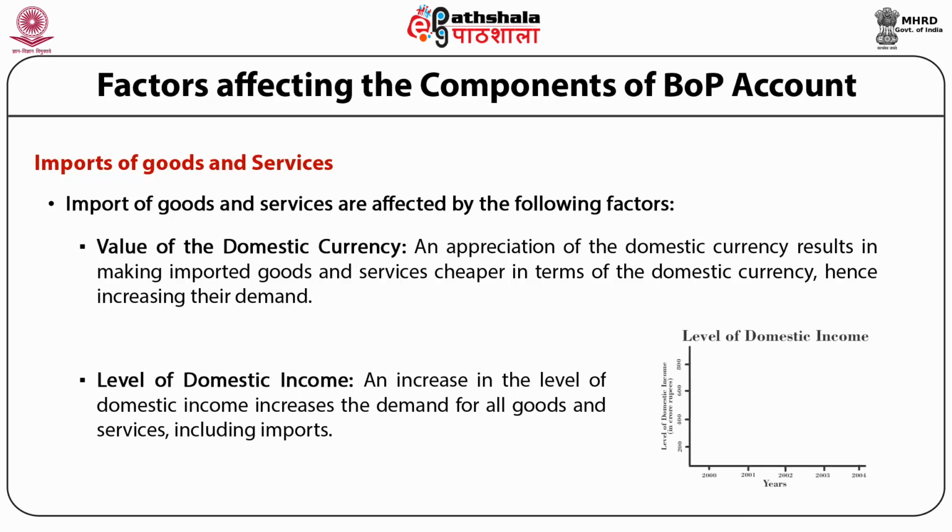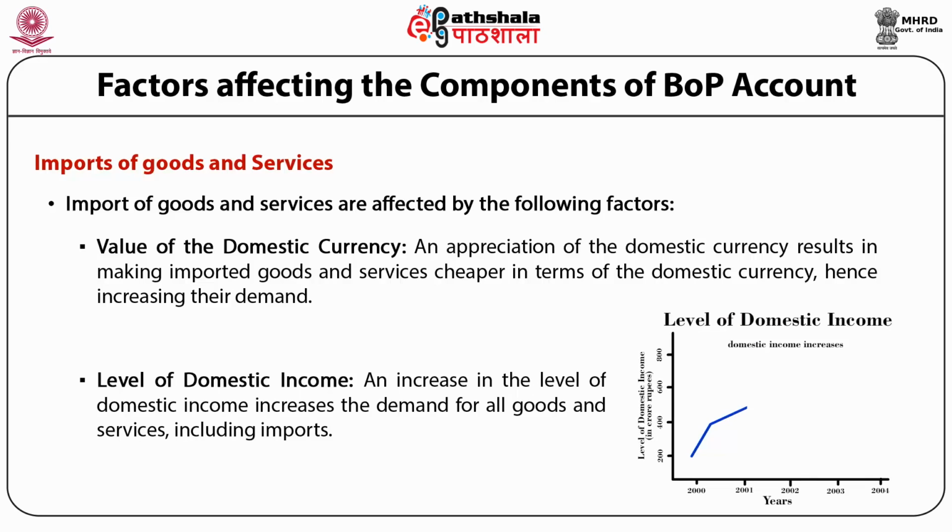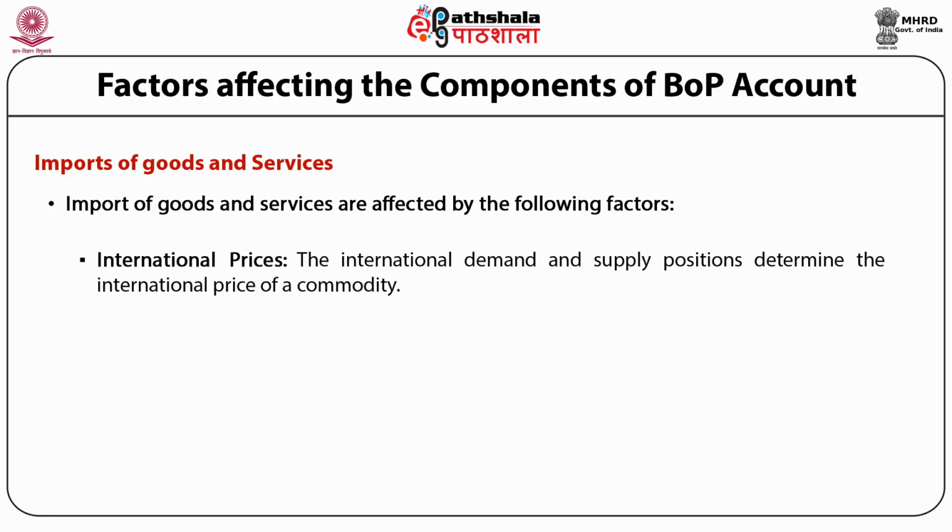Level of domestic income. An increase in the level of domestic income increases the demand for all goods and services, including imports. This again results in an increased supply of the domestic currency. International prices.